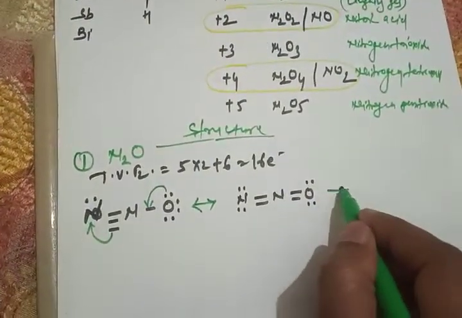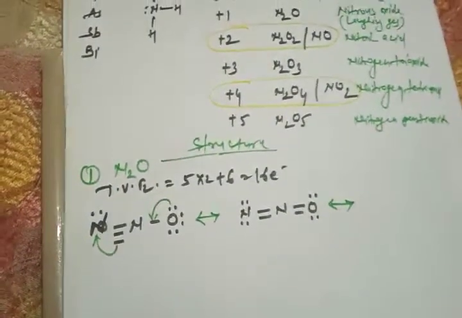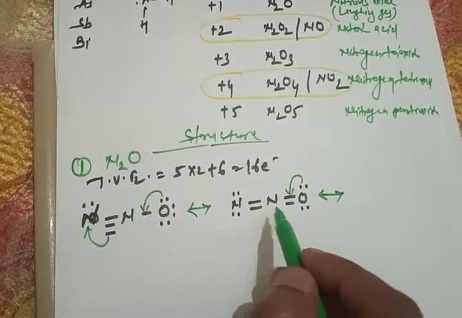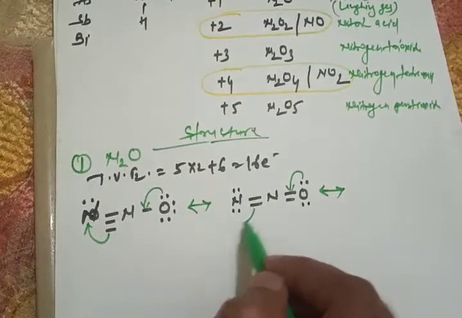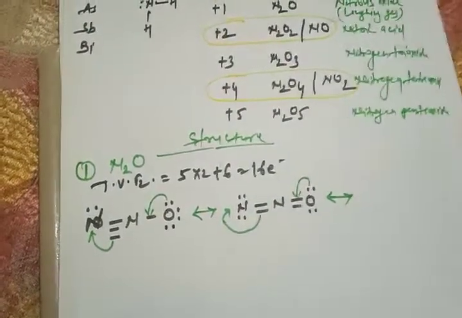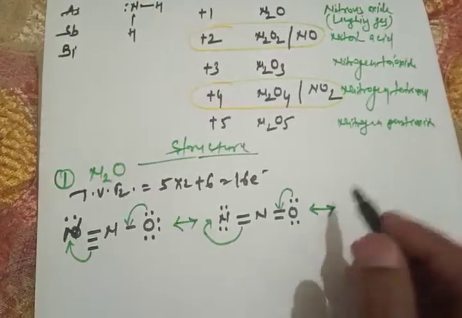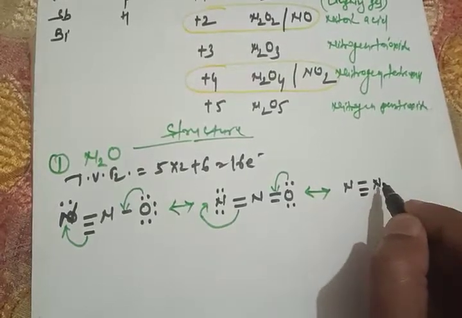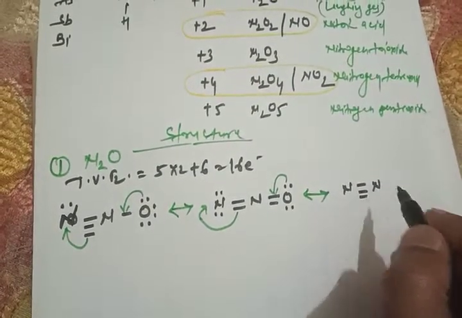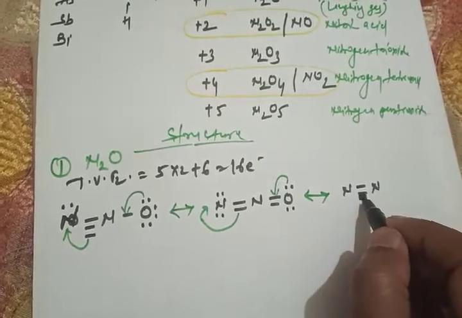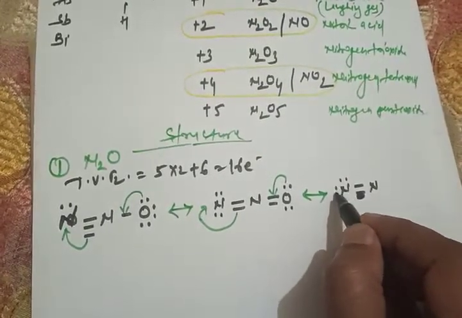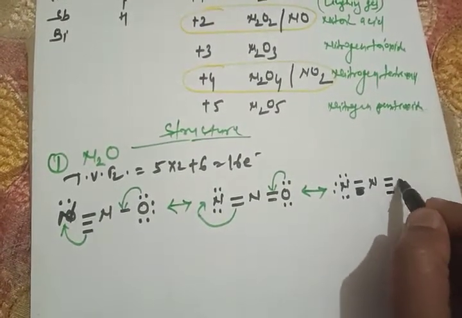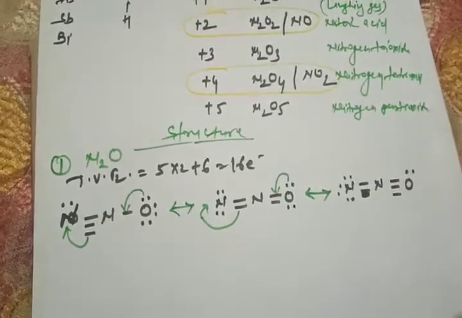Then can we go for a third structure? Yes, because this will shift here and this will go here. The third structure looks like nitrogen, triple bond, nitrogen, then a single bond to oxygen. Here we have a lone pair, and the triple bonded oxygen with one lone pair.